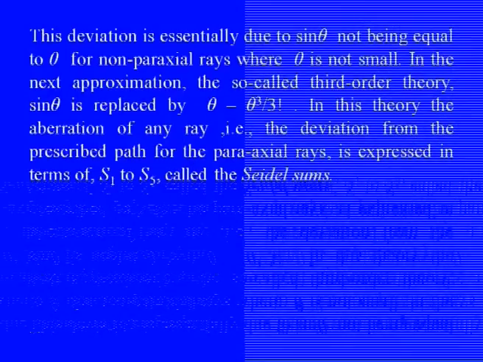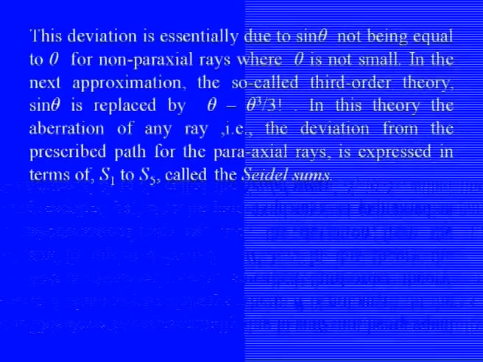This deviation is essentially due to sin theta not being equal to theta for non-paraxial rays, where theta is not small. In the next approximation, the so-called third order theory, sin theta is replaced by theta minus theta cube divided by factorial 3.